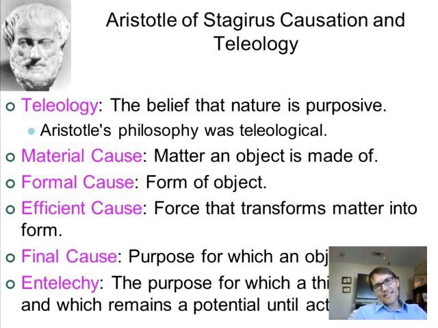Like I said, the basis of scientific thinking is determinism, and this is sort of like that: things have a purpose. He talks about the material cause, the formal cause, the efficient cause, etc. But ultimately he talks about the final cause. And the final cause is the purpose for which an object exists.